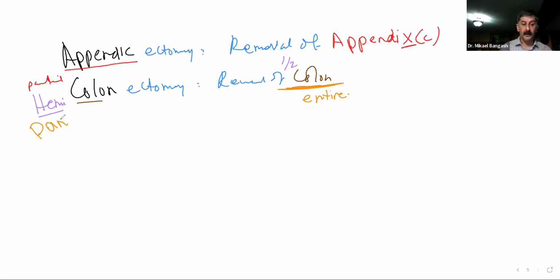That kind of colonectomy is going to be called a pancolonectomy. So they pretty much close the anus as well. The entire colon being removed is called a pancolonectomy.